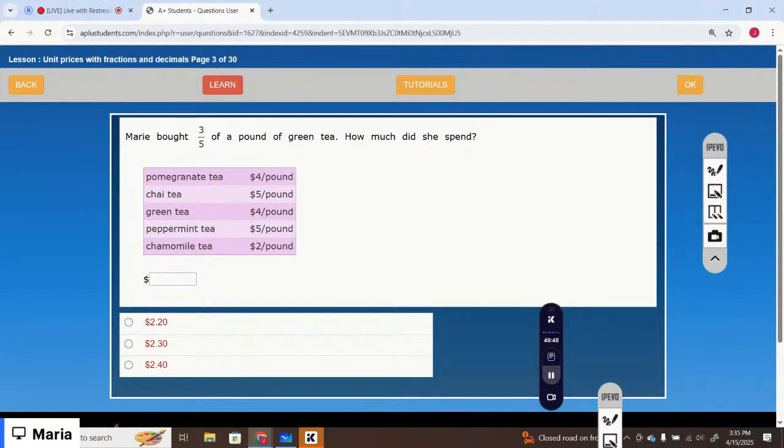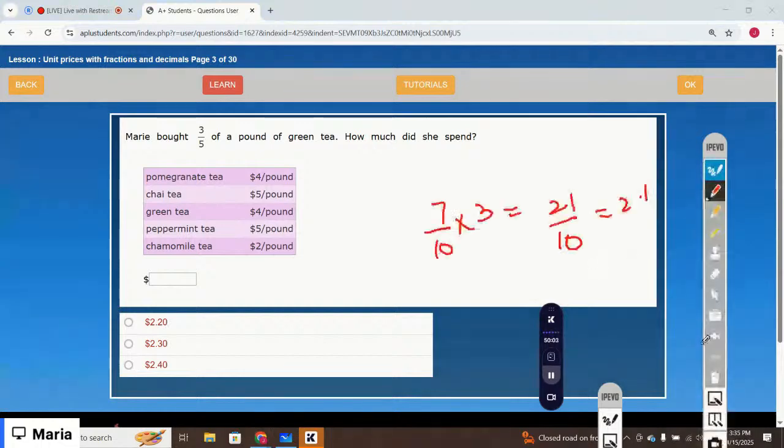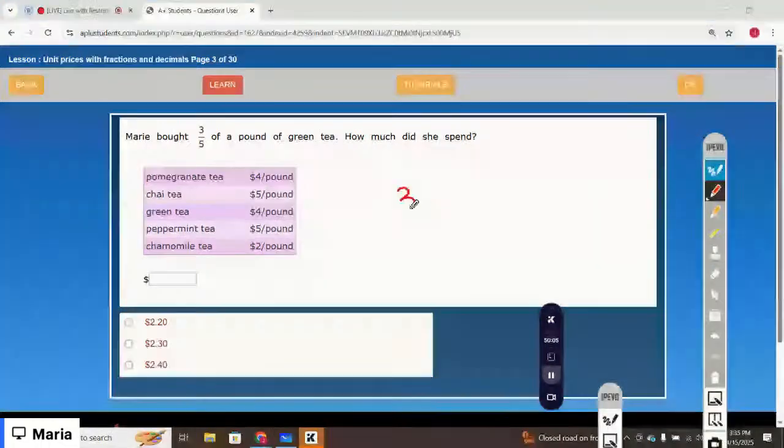Mary bought 3/5 of a pound of green tea. How much did she spend? So 3/5 of green tea. Green tea is $4. So you have to do 3 by 5 times 4. 4 times 3 is 12.